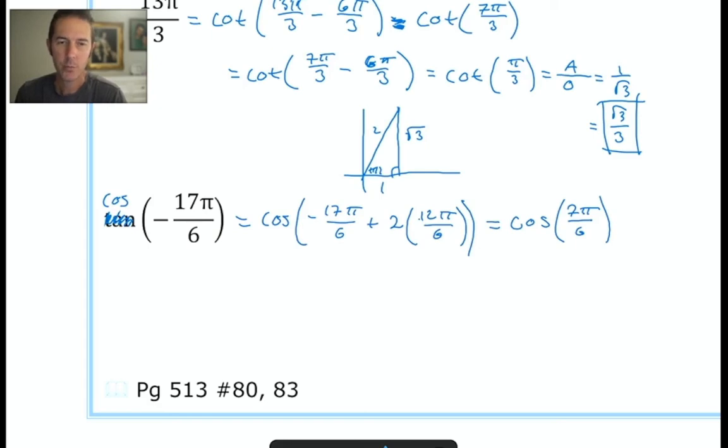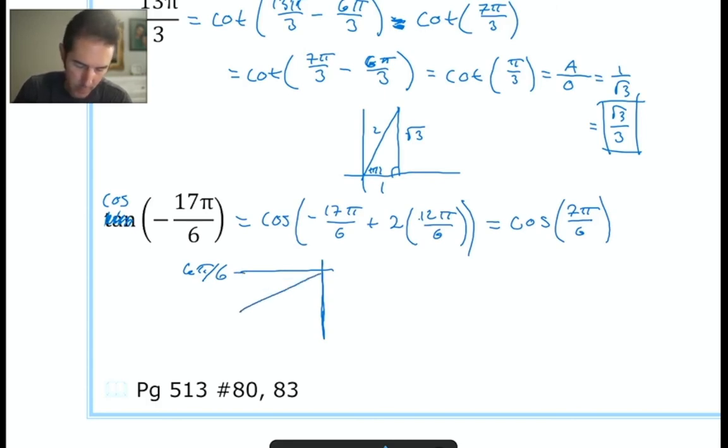Now I've got a very manageable, more familiar angle measure. I'm going to diagram this. 7 pi over 6 is a little bit more than a half of a rotation. So I'm going to be diagramming in the third quadrant. 6 pi over 6 is to the left on the negative x-axis, so we're dropping down 1 pi over 6 below that.